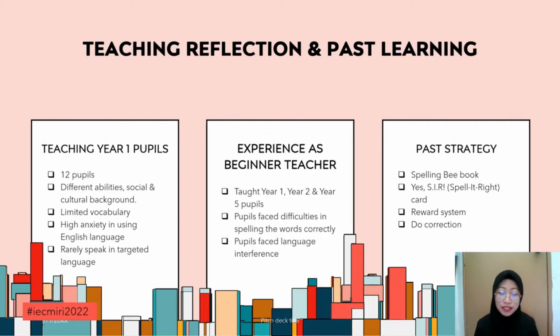During my previous teaching practice as a beginner teacher, I taught Year 1, Year 3, and Year 5 classes. My pupils faced difficulties in spelling the words correctly. The problem resulted from their own language interference, where pupils try to apply the knowledge of spelling in their first language, which is Iban language, and Malay language into the spelling of English words.